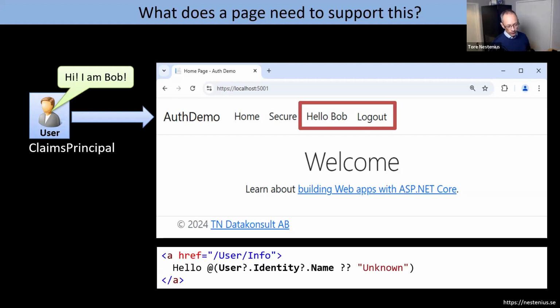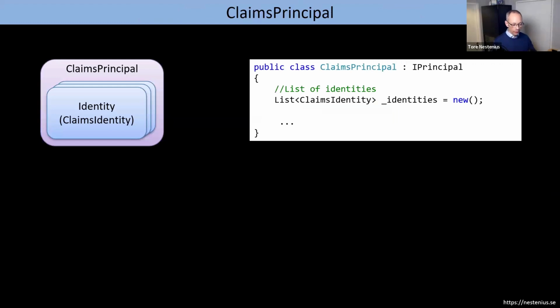To populate the page with your credentials and information, and to know if you're actually authenticated, we have a ClaimsPrincipal object. Somehow we pass a ClaimsPrincipal object to the page, so the page can display my name, for example. But the question is now, of course, what is a ClaimsPrincipal?